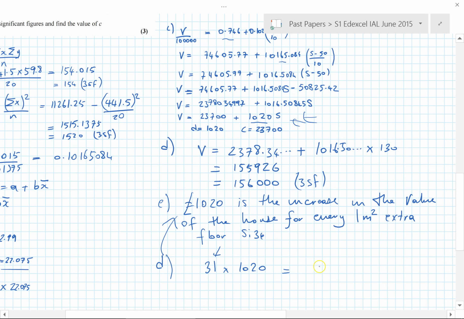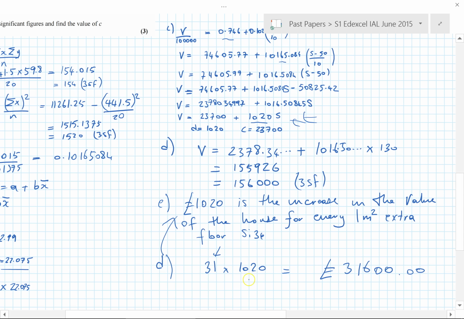So if we work that out to 3 significant figures, that comes to 31600 to 3 significant figures when you add those together.